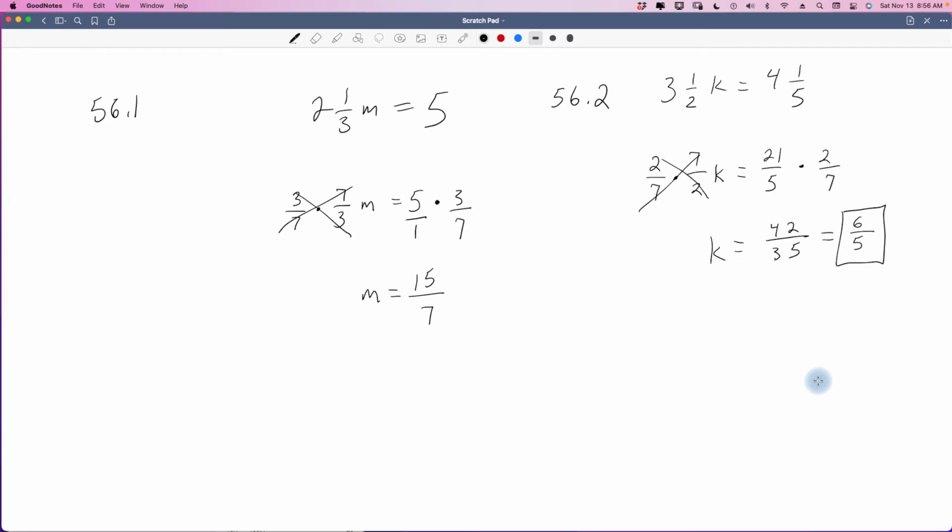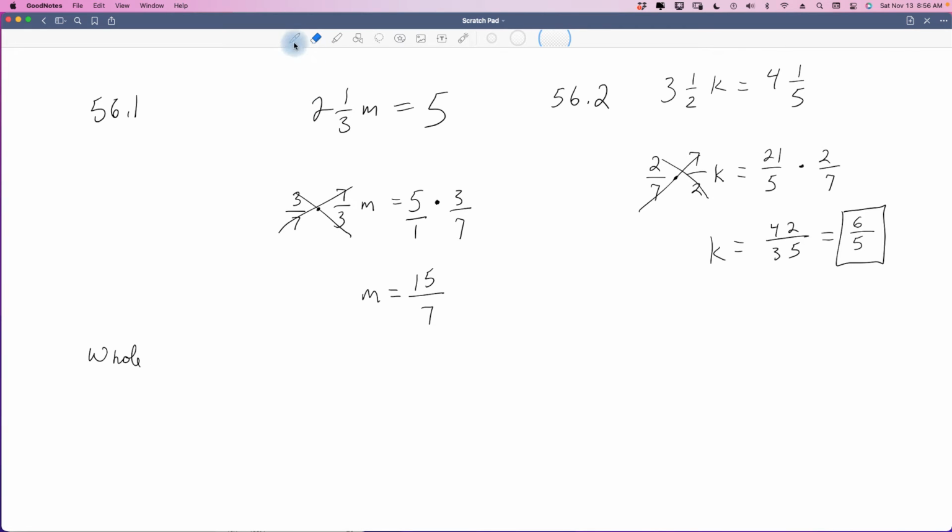I would recommend that you do all your practice problems and that you really take a look at them. And if you are still having a little bit of a struggle with these mixed numbers, let me know and I will help you. But all you're going to do is take the whole number and multiply it, however you want to do that.